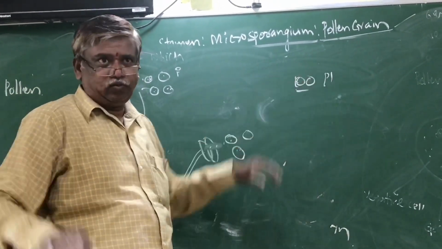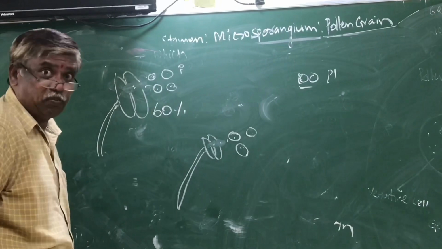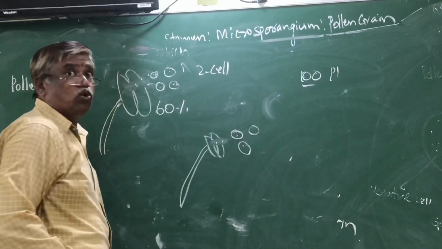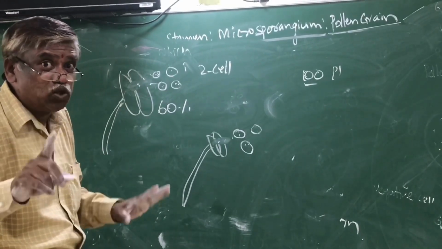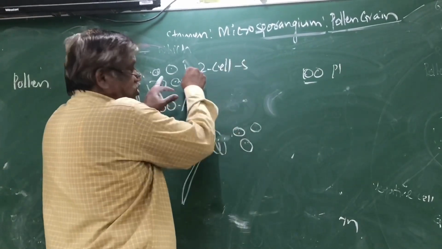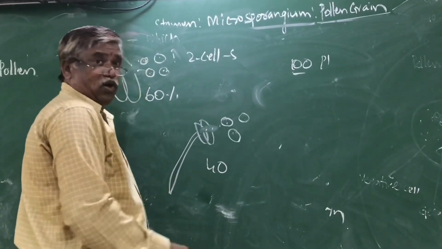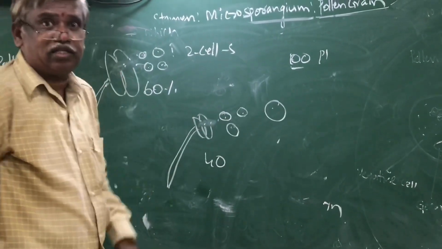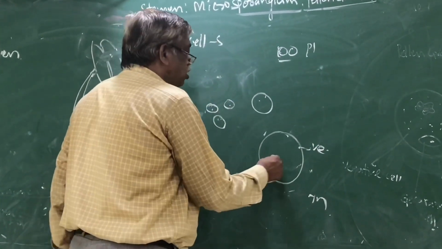Among these 100, in 60% the pollen grains are at the two-cell stage at the time of dehiscence. In these 60% of angiosperms, the pollen grain contains two cells: the generative cell and the vegetative cell. But in the remaining 40%, at the time of dehiscence, the pollen grain contains three cells: one vegetative cell and two male gametes.